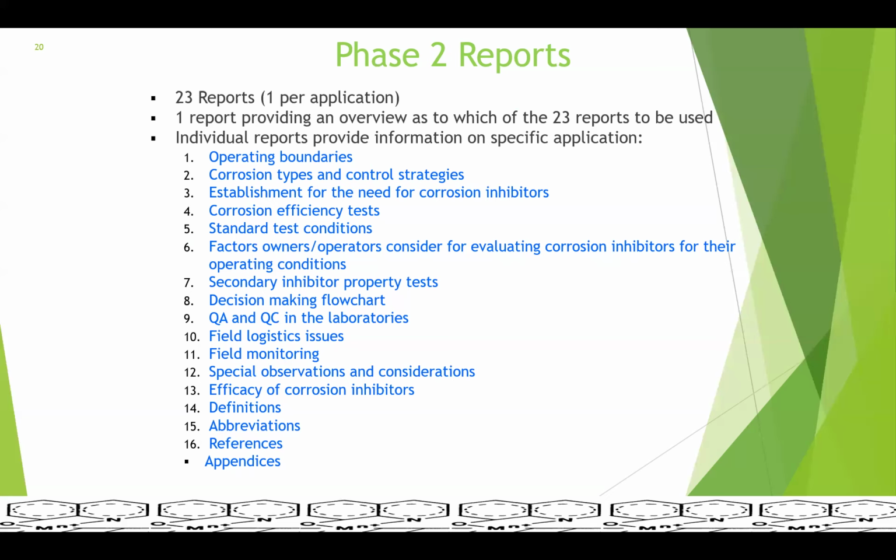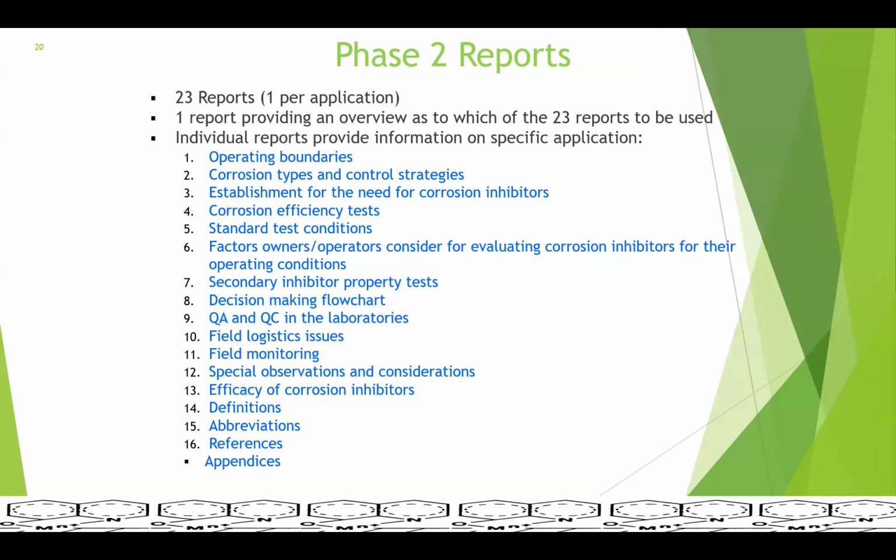Finally, efficacy. As the motion points out, there are four things: transportability, efficiency, secondary inhibitor properties, and logistics. How to consider efficacy? Efficiency is one, but efficacy is more important. That is emphasized in section 13, along with definitions and so on.